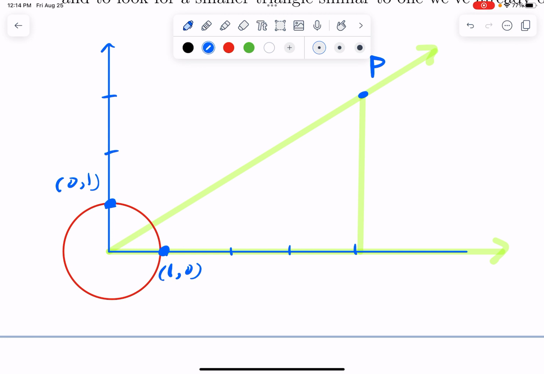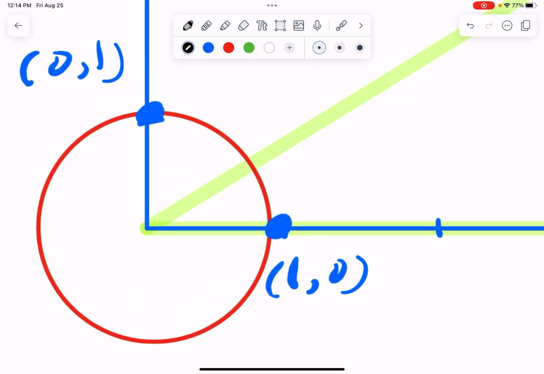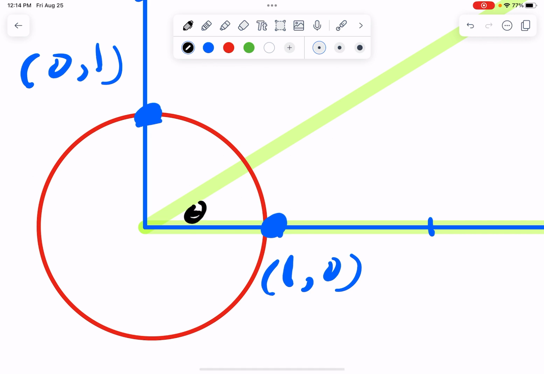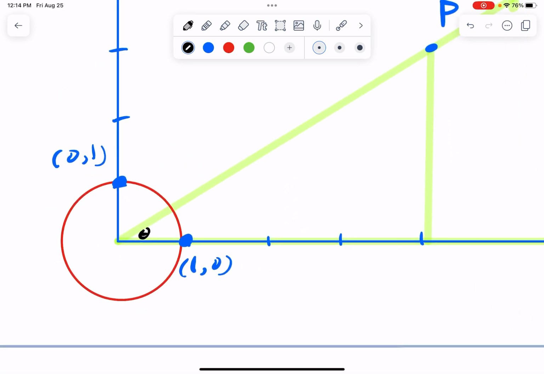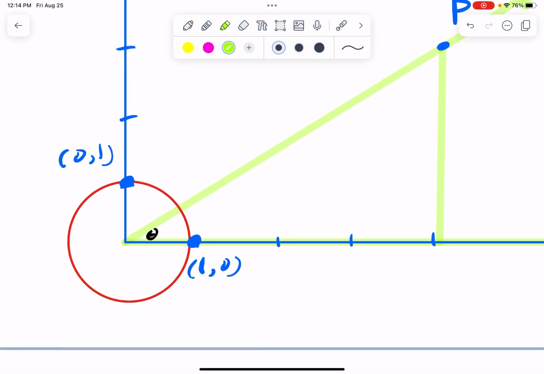So the point P is way out here. And we have this angle theta. There's the angle theta. What we can realize is that if we are clever, I can add another triangle in this diagram, like so.